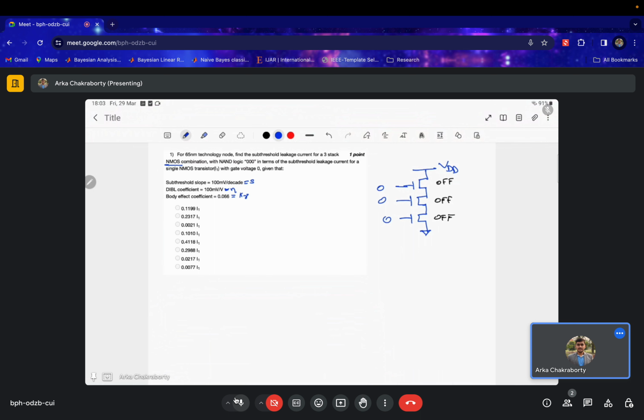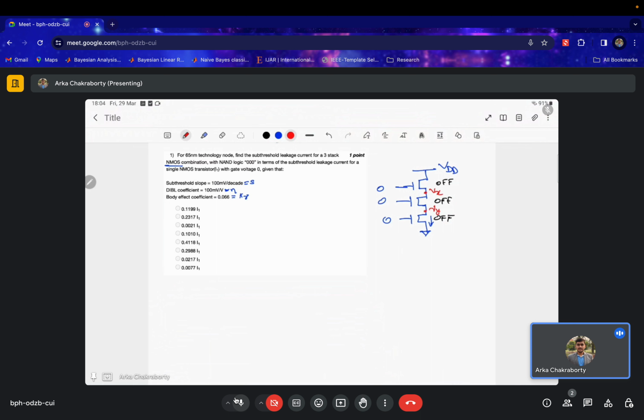I have to find the subthreshold leakage current through this. As some current is flowing, there will be some voltage drop across the transistors. So let me call these two node voltages Vx and Vy.